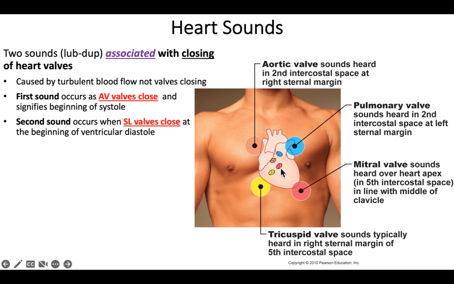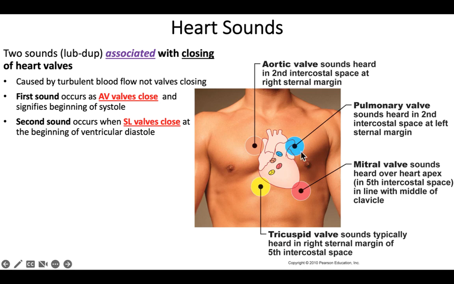The sound kind of reverberating from that mitral valve goes this way, and you can pick it up right here. So it's the 5th intercostal space on the left side. If we want to listen to the tricuspid valve, we listen to the 5th intercostal space on the right side of the sternum. And that should make sense because the mitral valve's on the left, tricuspid valve's on the right.